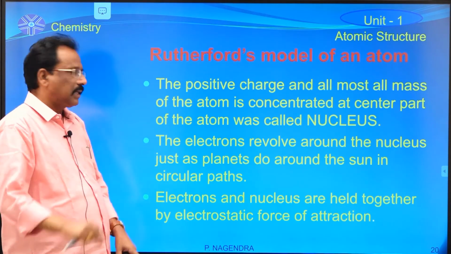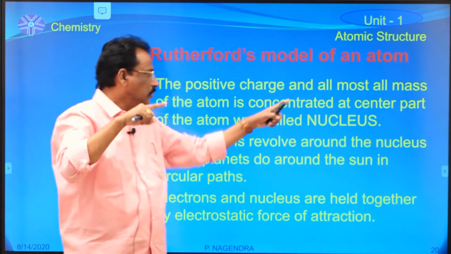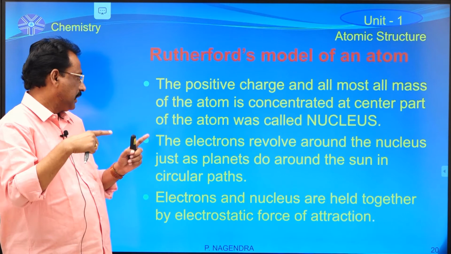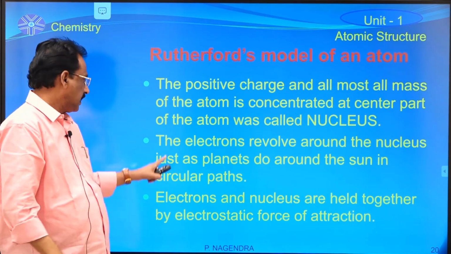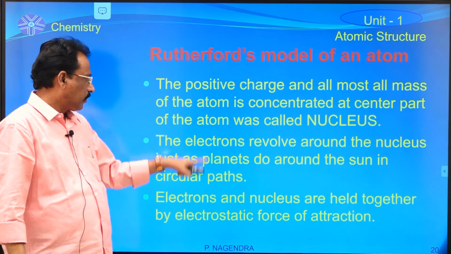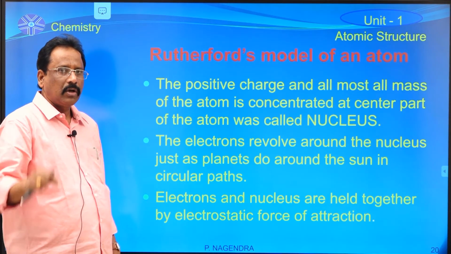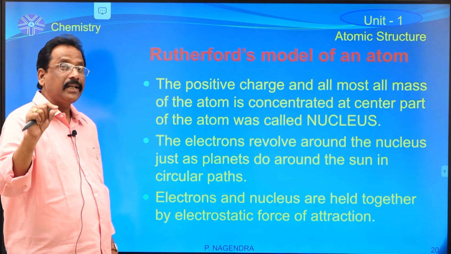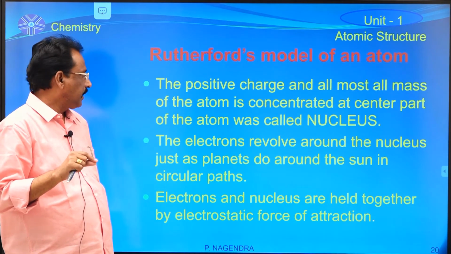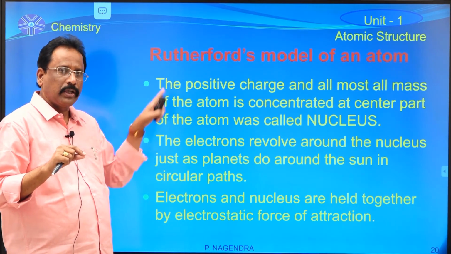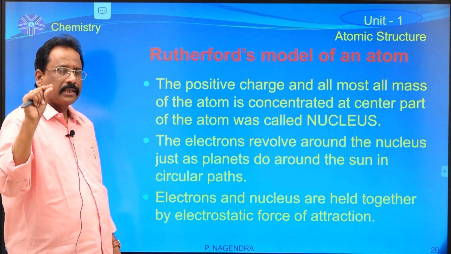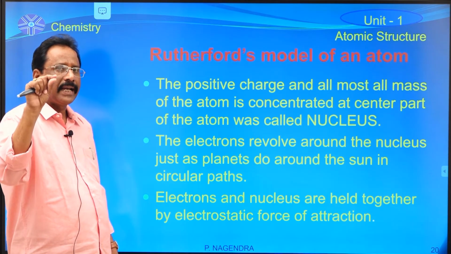And the electrons revolve around that nucleus with high speed in circular paths, just as planets do around the sun. That's why this atomic model is also called the planetary model of an atom. He proposed the nucleus; each and every atom has a nucleus according to him. That's why Rutherford's atomic model is also called the nuclear model of an atom.